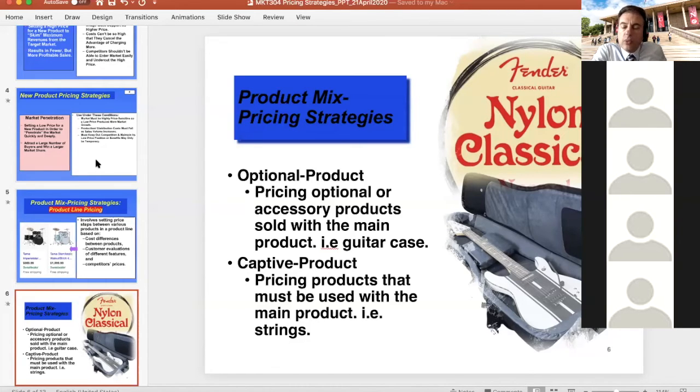And so the company would be making very little profit by selling the printer, but they will be making much bigger profit by selling cartridges. And so the captive product pricing strategy is really the one that sustains the growth of the company more than the product, which seems to be the core product that you're selling.